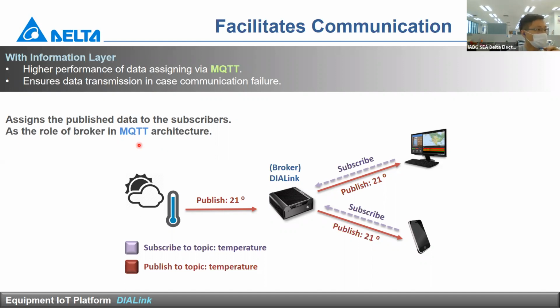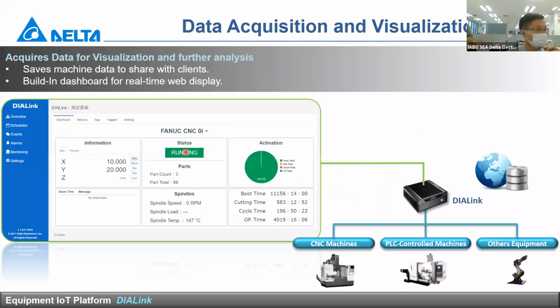With MQTT, it has options: when the value changes, you can push the data, so it can save the loading of the network. This is only one benefit of MQTT. If you want to know more, I think you can easily find videos on YouTube.